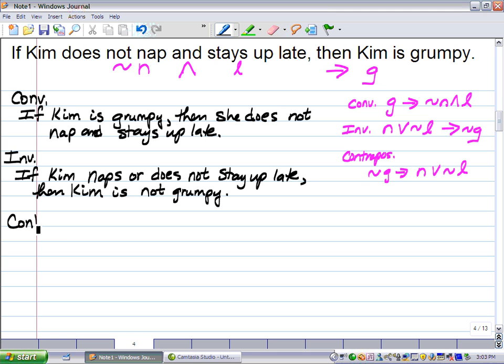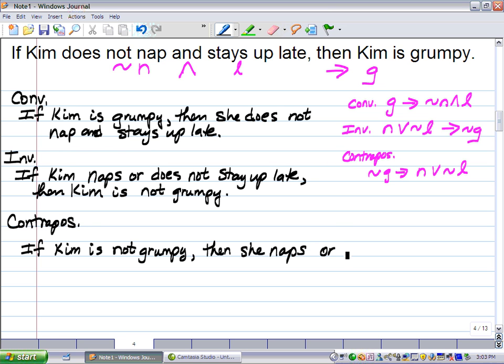Okay, the contrapositive is the one that's the same as the original, and we switch the positions and change everything to its opposite. So the G is going to come to the front and become its opposite. So if Kim is not grumpy, okay, then the second part, then she naps or does not stay up late.